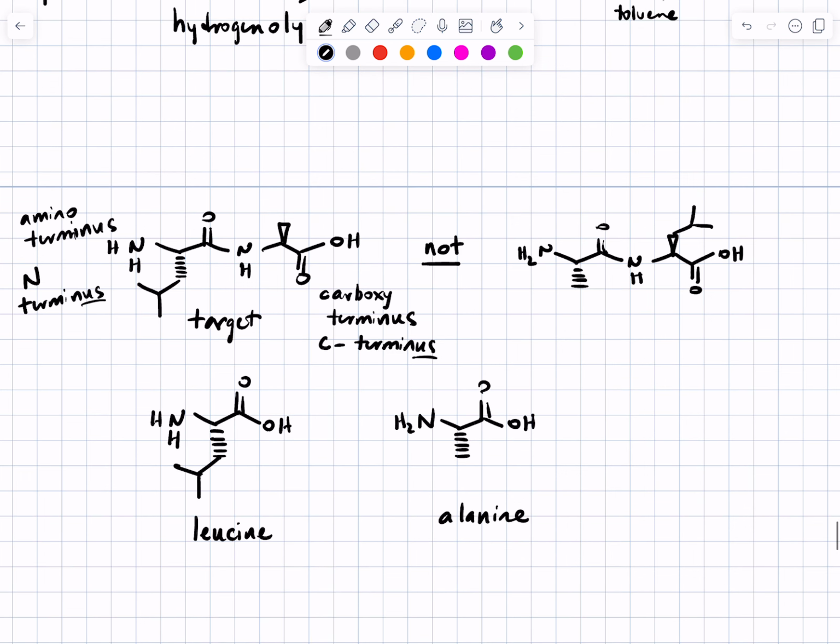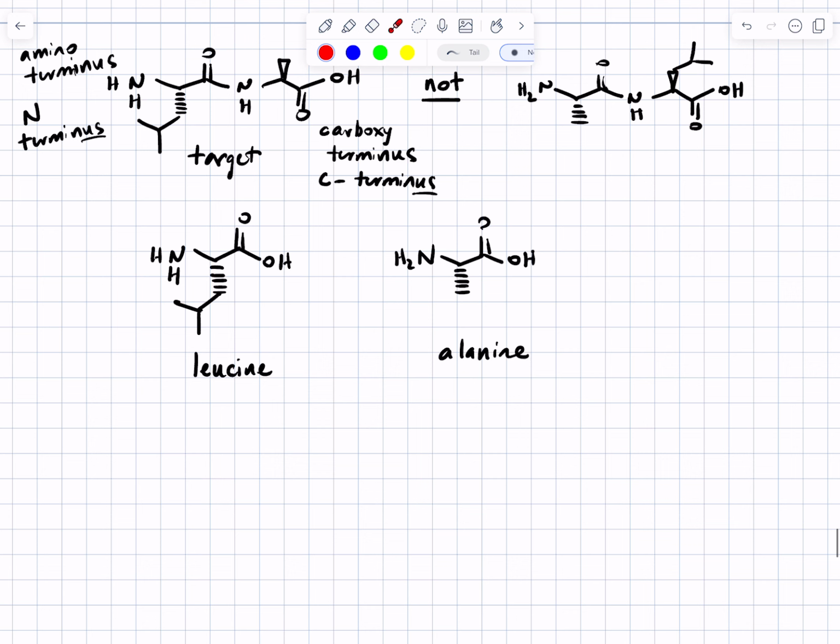But notice the difference in these two peptides. The N-terminal amino acid in this dipeptide is leucine, and the C-terminal amino acid is alanine. Here it's the other way around. Those are different. We're going to control which one you get based on our use of protecting groups.